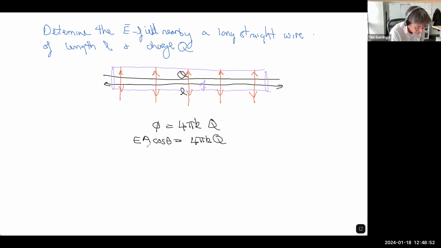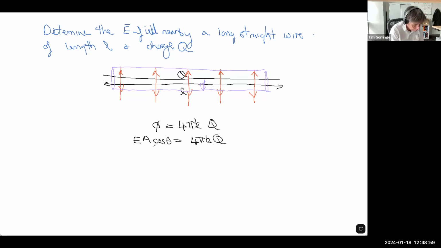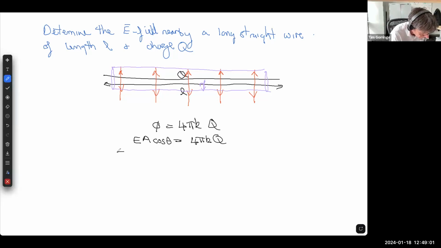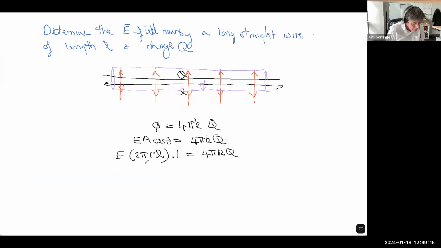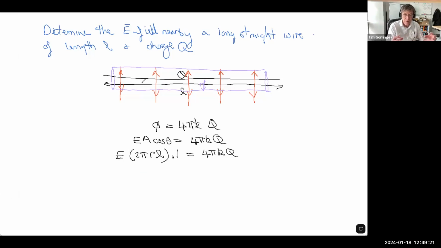Now, I can tailor this equation on the left to my particular surface. So I'm going to go ahead and do that. I'm going to write it down, and then I'm going to describe it. So firstly, the area of the Gaussian surface is the area of this cylinder. The side walls of the cylinder, in cross-section, are a circle. The circumference of a circle is 2 pi r.